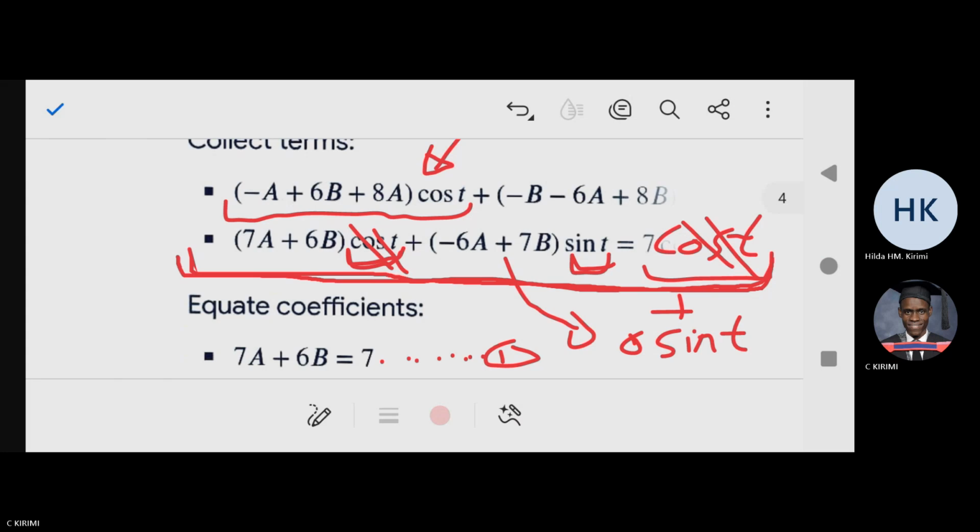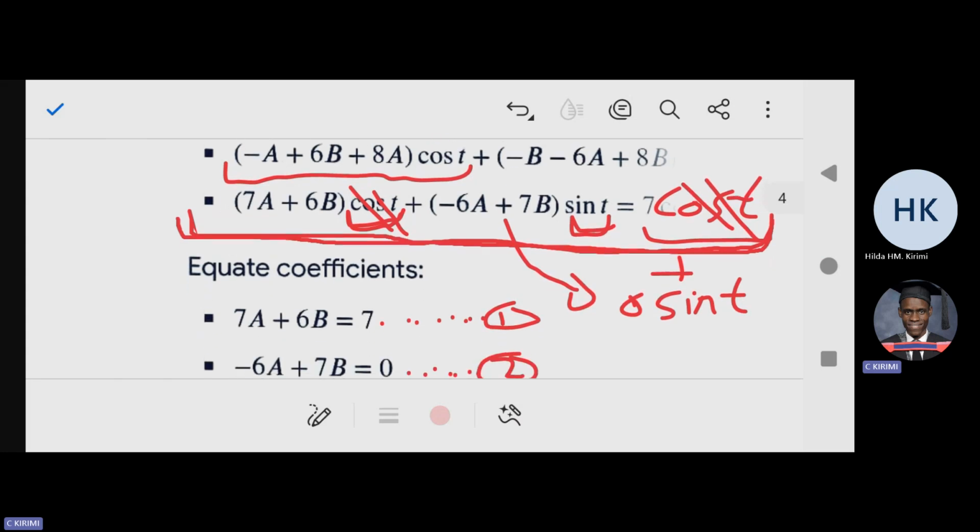That way you have cos and sine on the left, and at the same time cos and sine on the right. So one way of writing sine on the right, even if you are not given, is just 0 sin t.